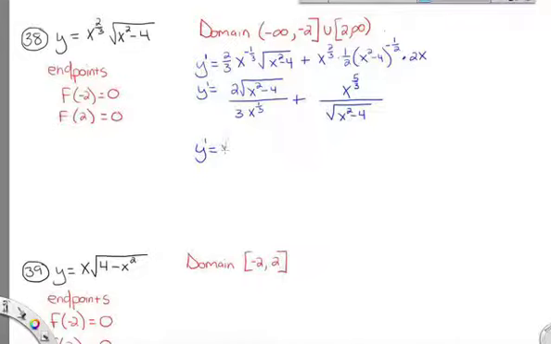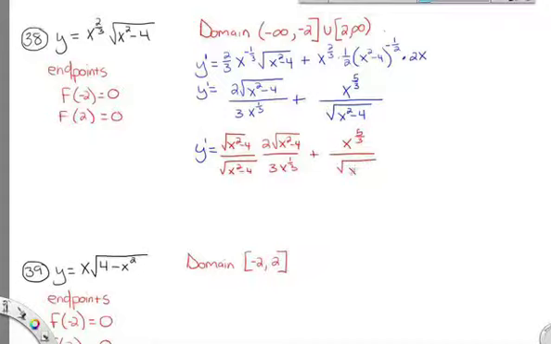So I'm going to have to multiply by square root of x squared minus 4, and then this guy is going to get the other denominator, so he gets 3x to the 1/3 multiplied top and bottom. Alright, so that leaves me with what appears to be a pretty ugly problem.